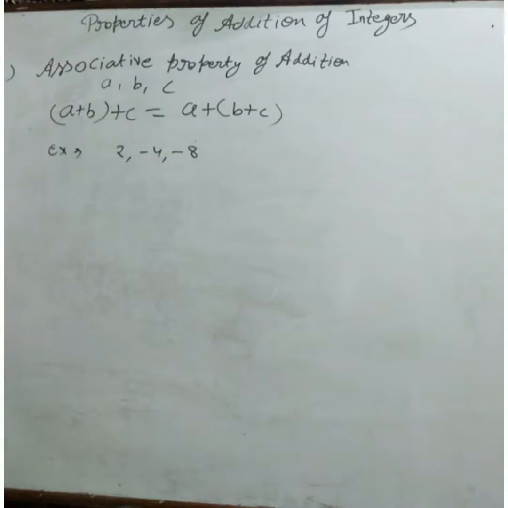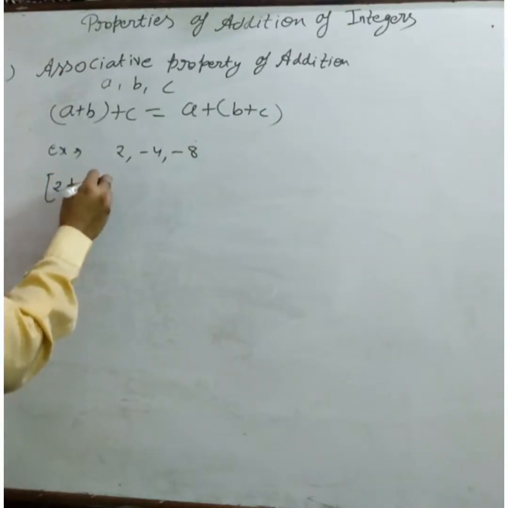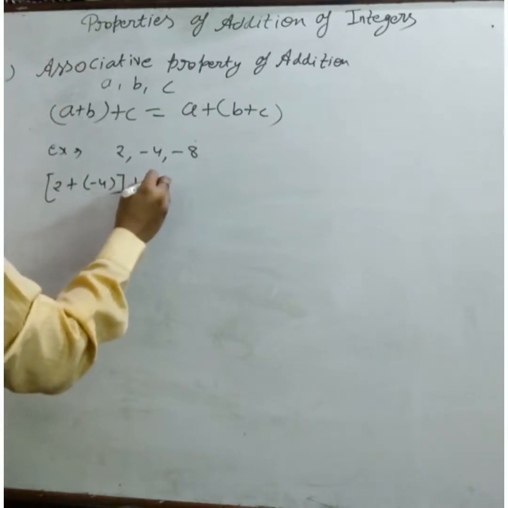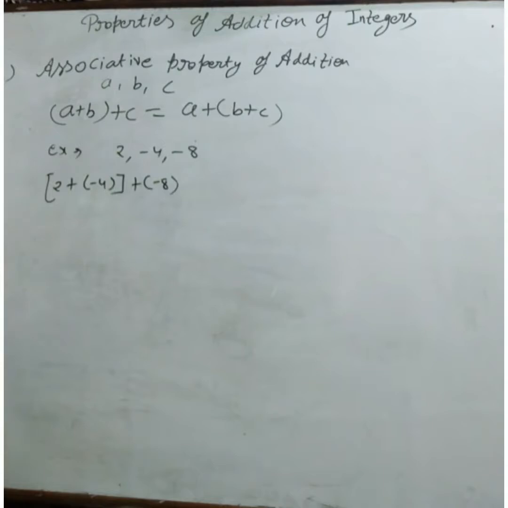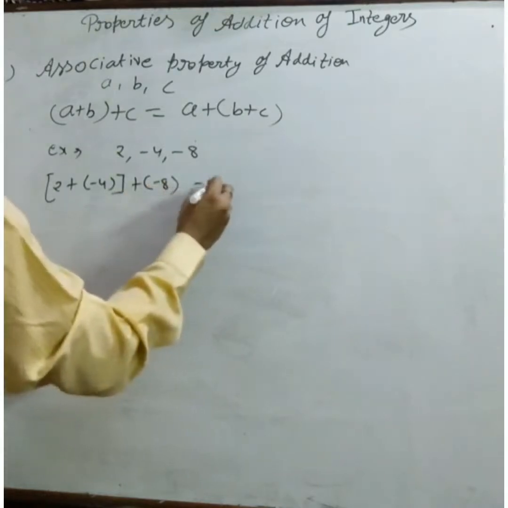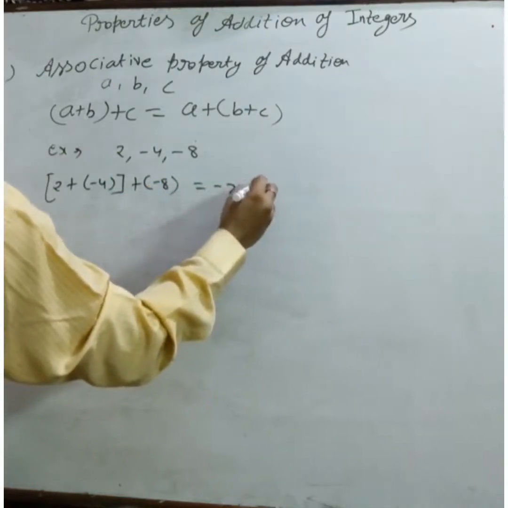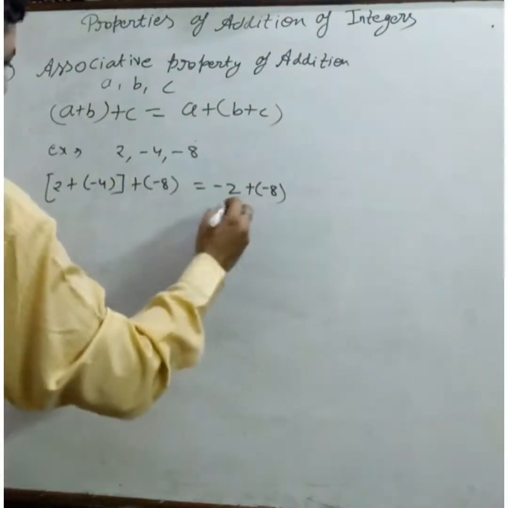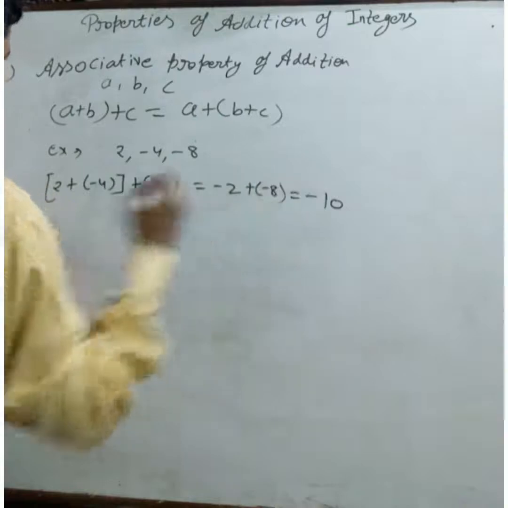So (2 plus -4) plus -8. It is -2 plus -8, and the answer is -10.